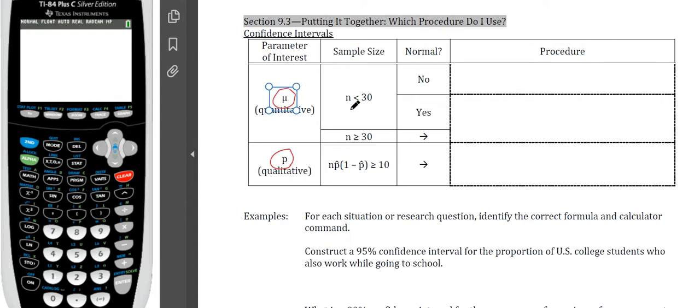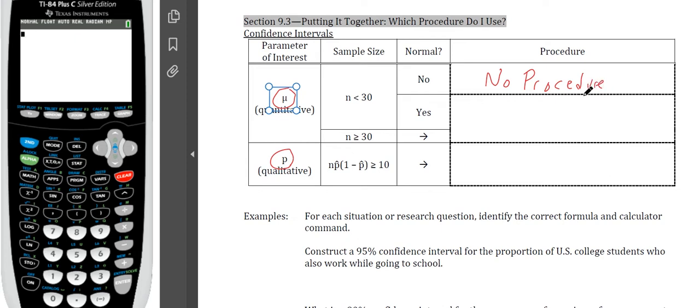Now, if you have a sample size that's less than 30 and you don't know that it's normal, then that means that you have no procedure.